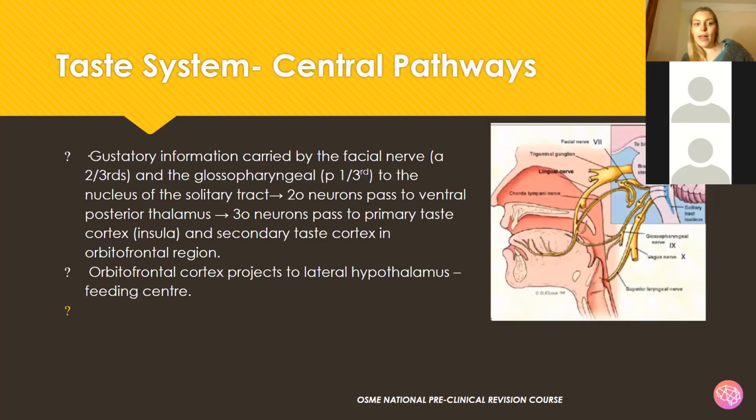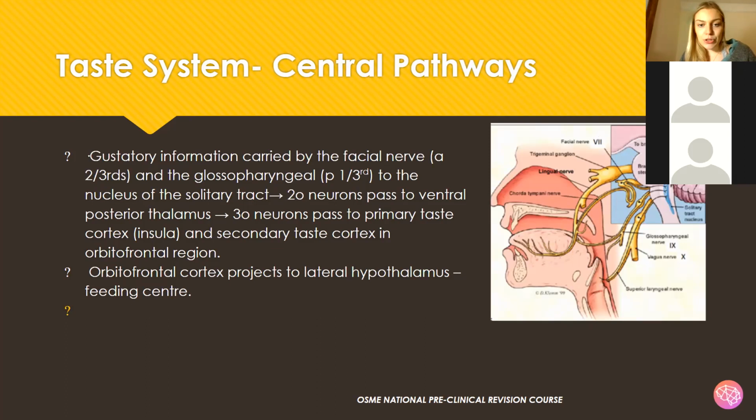Really cool. Okay, so not much to know here about central pathways. Gustatory information is carried by the facial nerve, as we can see here, cranial nerve number 7. This carries the taste information from the anterior two-thirds of the tongue, and the glossopharyngeal nerve carries the taste information of the posterior third of the tongue, and these carry the information that's then carried to the nucleus of the solitary tract.